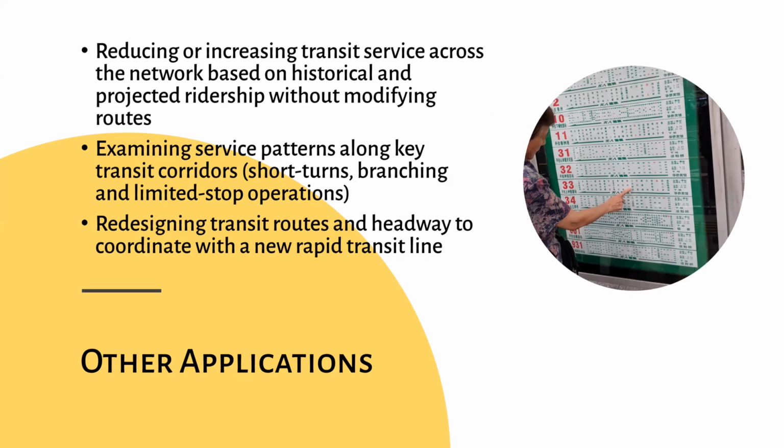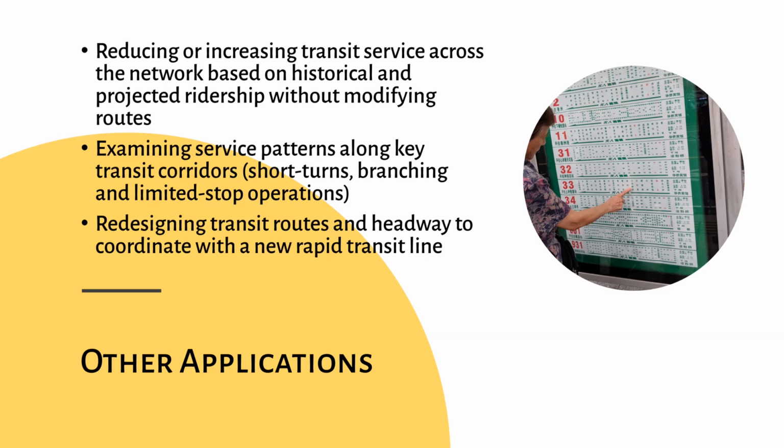Other applications, besides network design: for example, you may want to reduce service or increase service, which is what transit agencies have been doing across Canada recently due to COVID-19. If you want to change your number of vehicle constraints but you don't want to modify routes, this is an algorithm that is applicable to that.